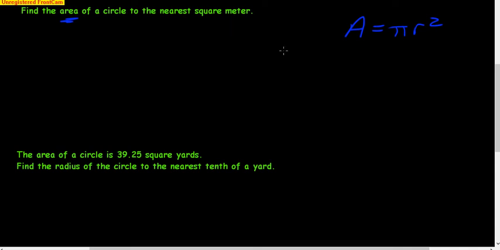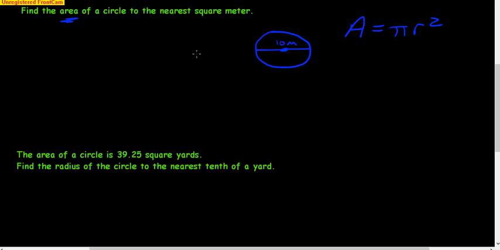Now here's the thing. You have a picture on your note packet, and I didn't put the picture in here, so this is my awesome circle that I'm going to draw. And yeah, that looks pretty bad, doesn't it? So there's my circle, and it has a diameter of 10 meters.